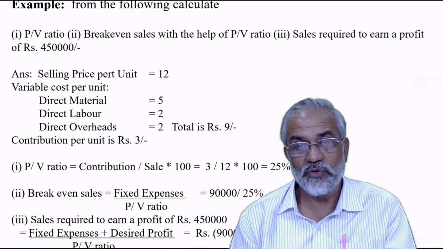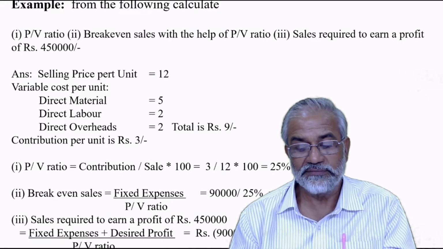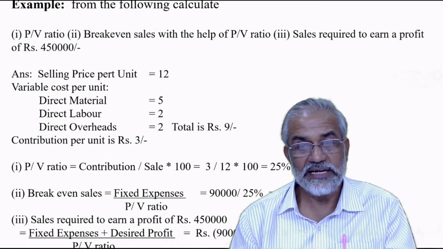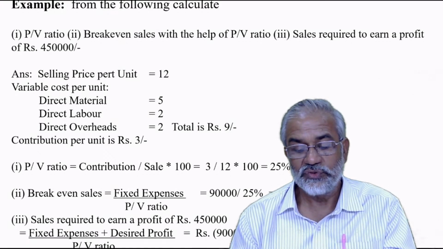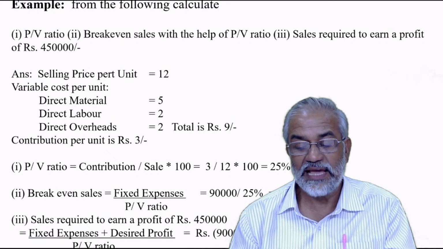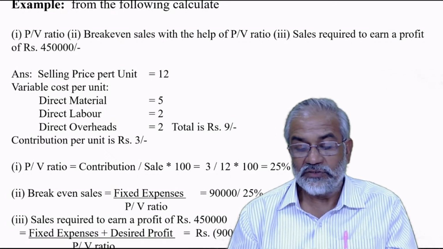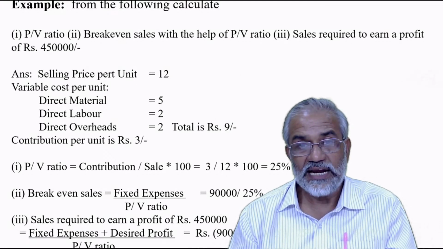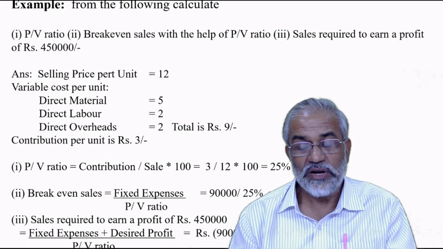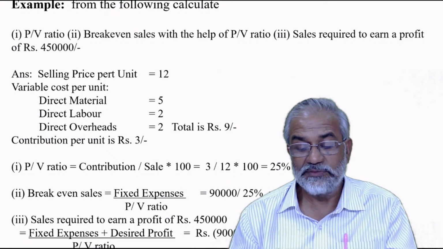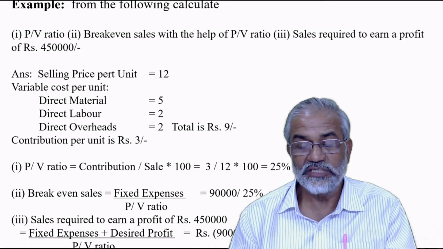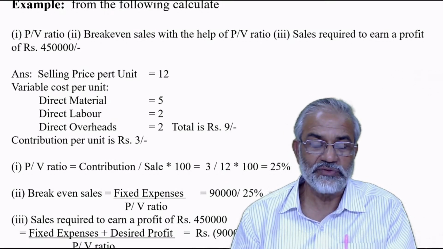Then the total variable cost would be 16,20,000. And the fixed cost is 90,000 as given in the question. So the total cost comes to be 17,10,000. And when that is added with the desired amount of profit, that is 4,50,000, then 4,50,000 plus 17,10,000 is coming to be 21,60,000.